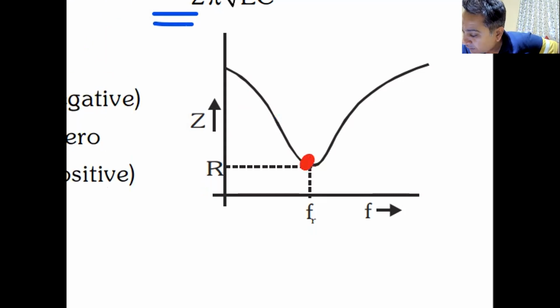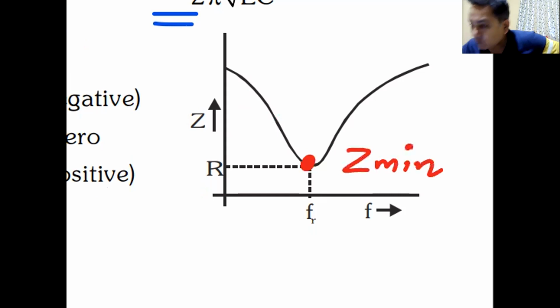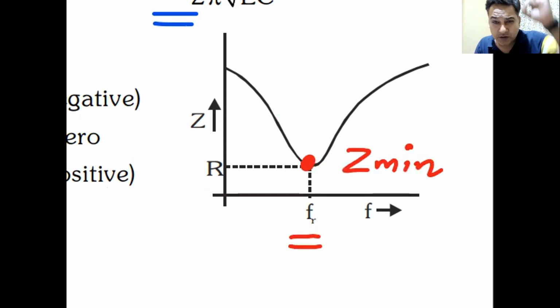The red point is where the impedance is minimum and the value is R, and this happens at resonant frequency. I hope all of you understand this. This is the condition of resonance: impedance is equal to R.